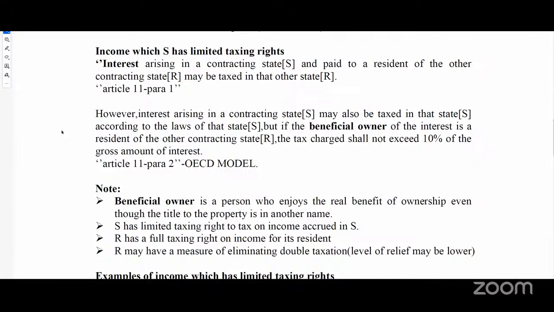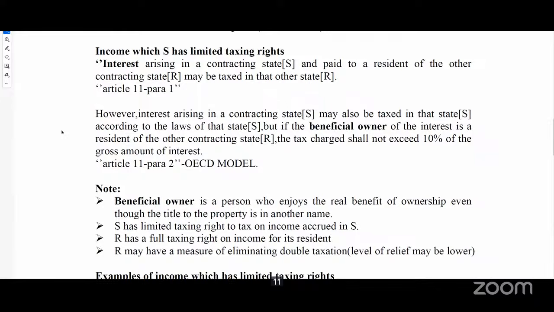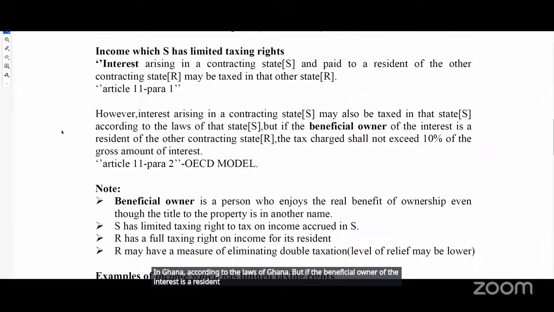That's what Article 11, paragraph 1 says. But however, interest arising in the contracting state, which is maybe Ghana, may also be taxed in Ghana according to the laws of Ghana. But if the beneficial owner of the interest is a resident of UK, the tax charge shall not exceed 10% of the gross amount of interest. So you see here, there are two people taxing it.